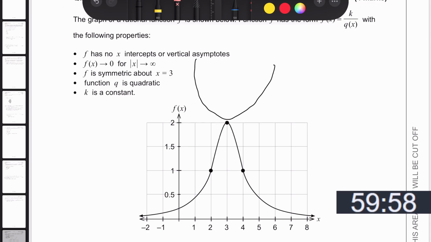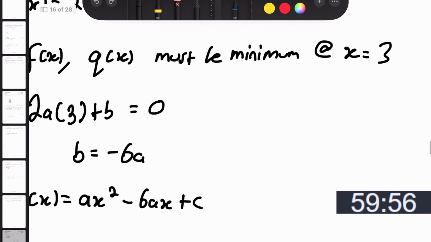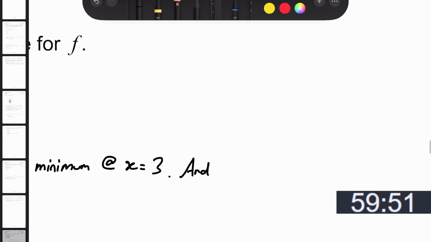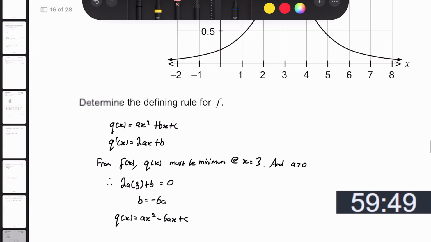Function must be like this, and coefficient a must be greater than 0.